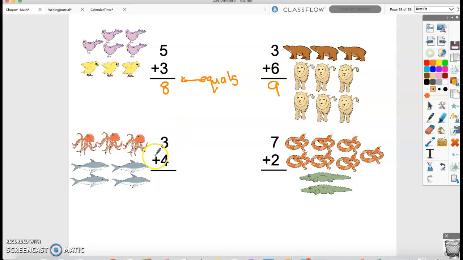Let's try 3 plus 4 equals. What do you think 3 plus 4 is? Let's count it and see. I have 4 down here, so this right here is 4, and then I'm going to count up. 5, 6, 7.